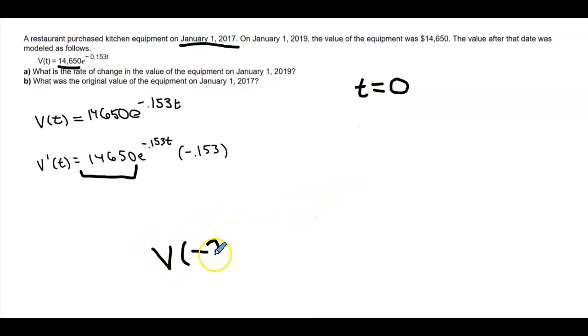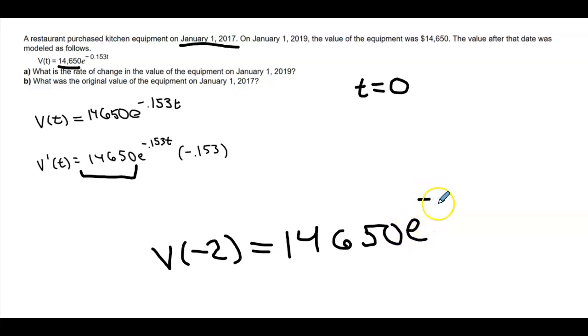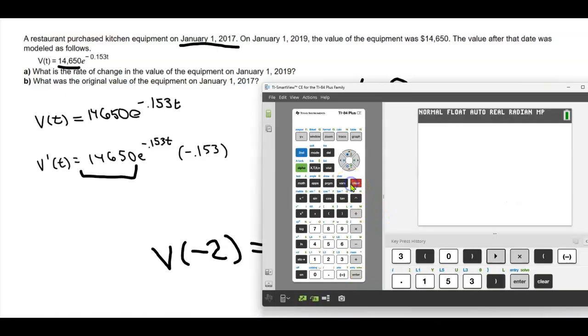Just make sure that we plug this into the original function, because it's the original function that gives the value at time t. The derivative is giving the rate of change in the value. So we're going to do 14,650 e to the negative 0.153 times -2. I could actually just put that in the calculator here.